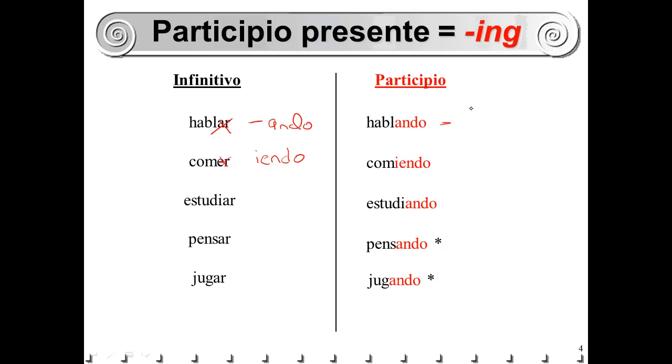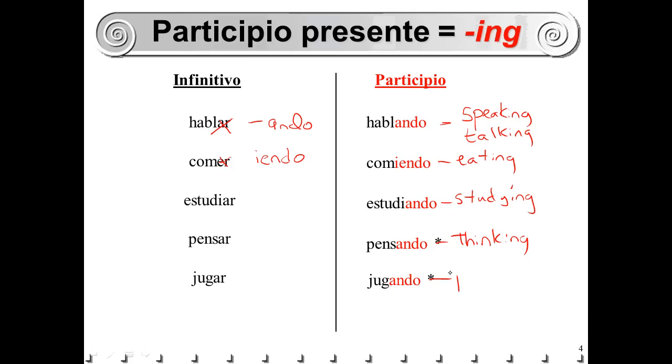Okay. So hablando is speaking or talking. Comiendo is eating. What's estudiando? Studying. Pensando is thinking.